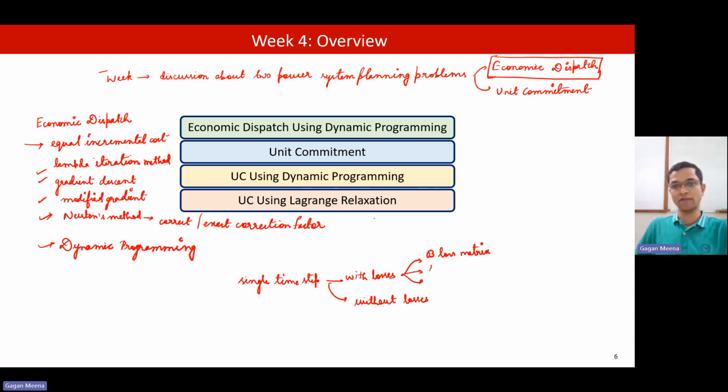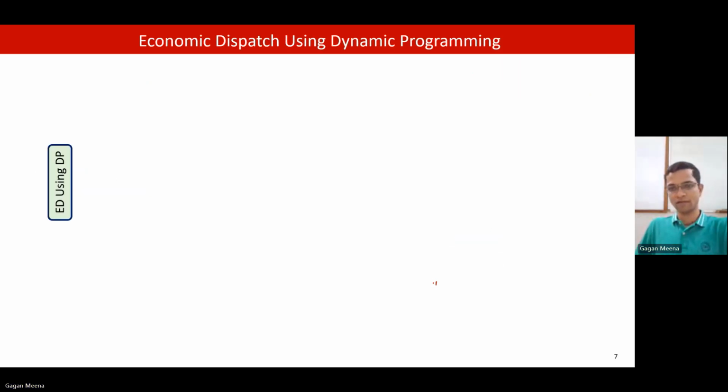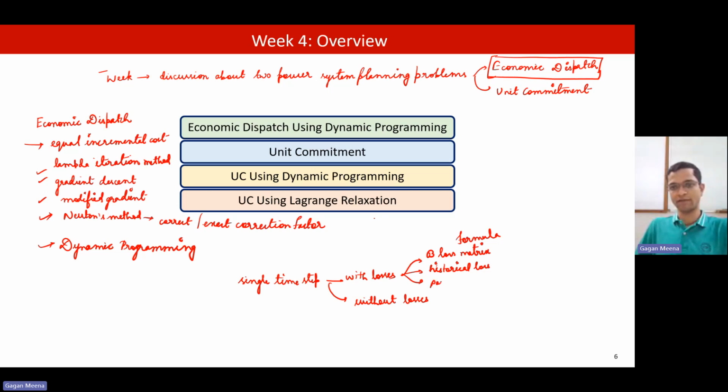We can use historical loss data, or the B loss formula instead of the matrix. We can also use Newton's power flow equations to calculate losses.